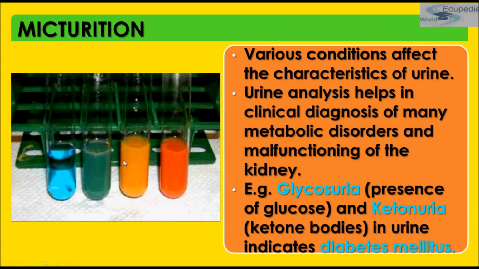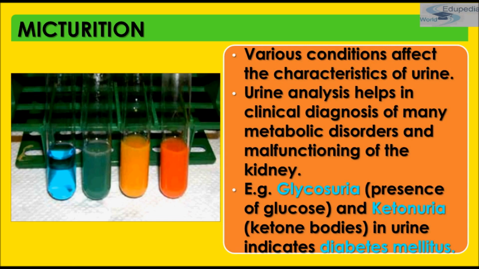Now, various conditions affect the characteristics of urine. Urine analysis helps in the clinical diagnosis of many metabolic disorders and malfunctioning of the kidney. For example, glycosuria: glyco means glucose and uria means urine, so when glucose is present in urine, that condition is known as glycosuria.